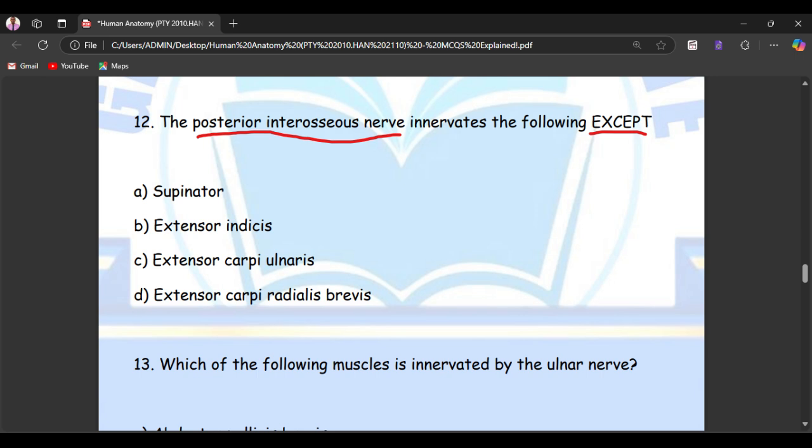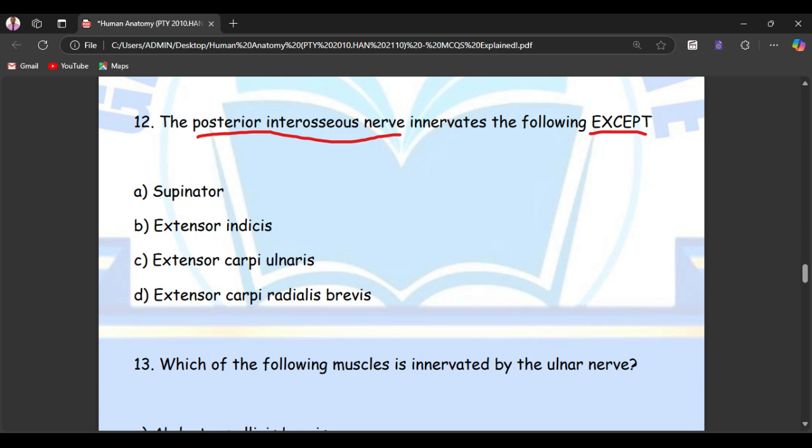The deep compartment muscles which receive innervation from it include the abductor pollicis longus, extensor pollicis brevis, extensor pollicis longus, and extensor indicis proprius.